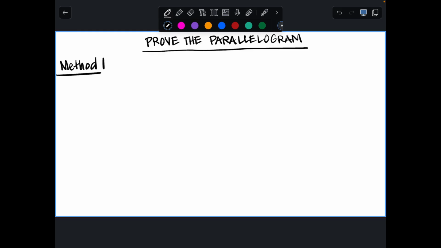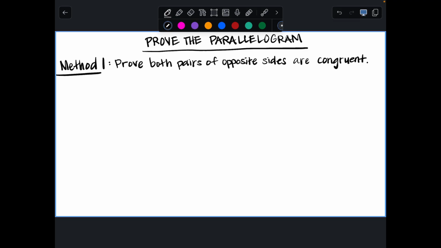Method 1. Prove both pairs of opposite sides are congruent. So if we have our parallelogram, you're proving that AB is congruent to DC and AD is congruent to BC.